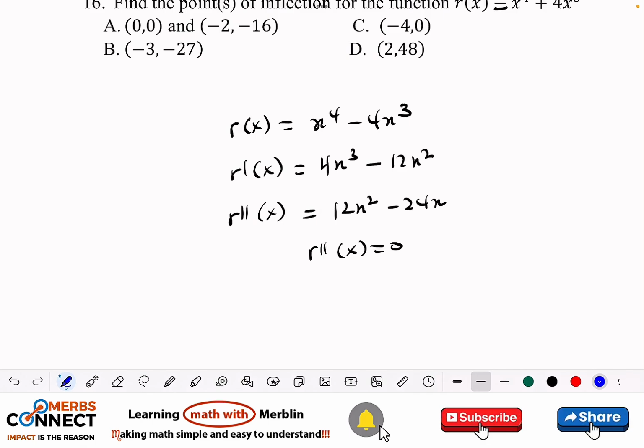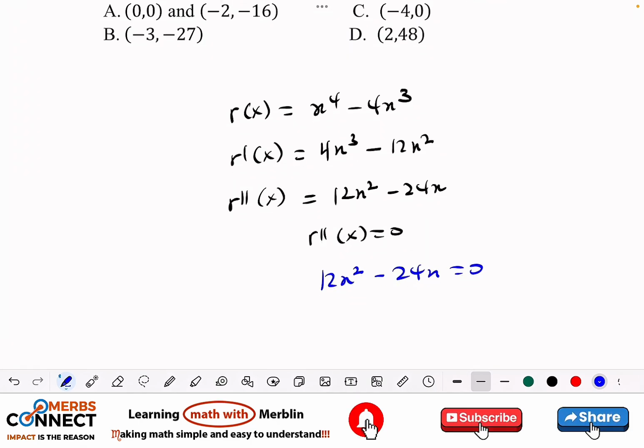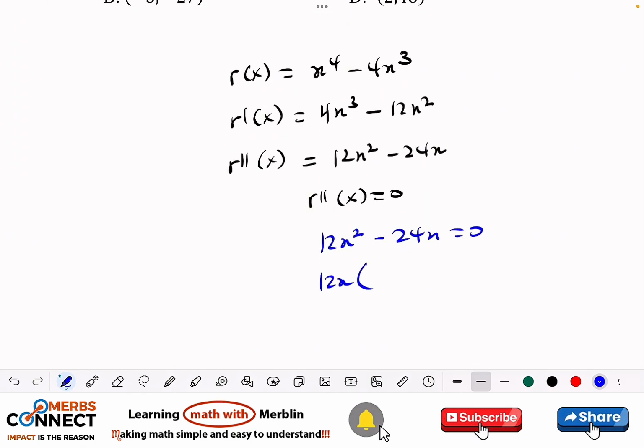So you are going to have something like this: 12x squared minus 24x equal to 0. Here I can factor 12x out, and be left with x minus 2 is equal to 0.